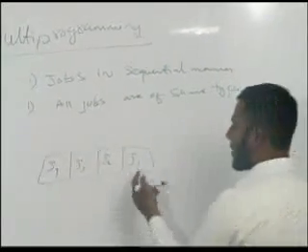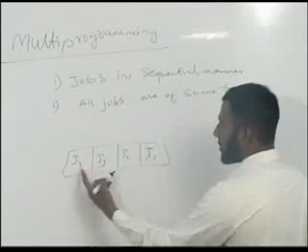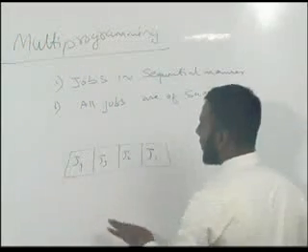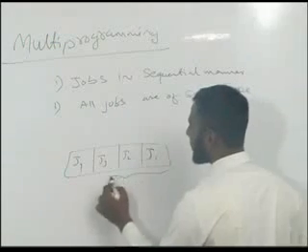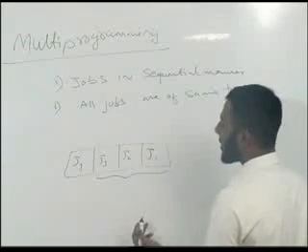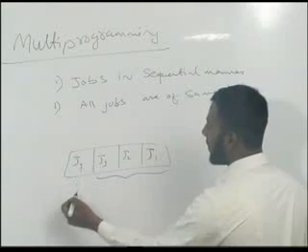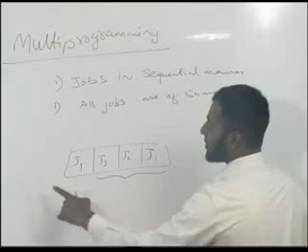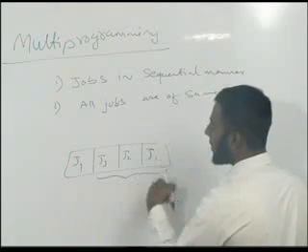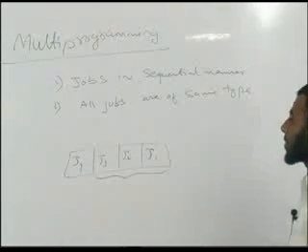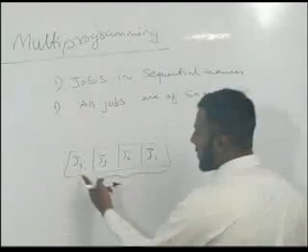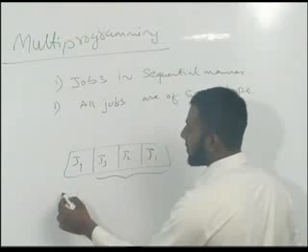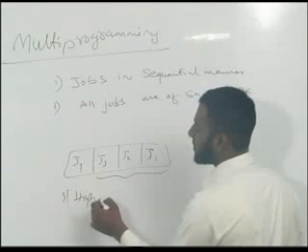Assume that while job 1 is executing, job 4 is urgent. Then it doesn't get control until all these jobs are completed. If in a queue I start numbering from 1, 2, 3, 4, and the nth job is urgent, it can gain the focus of the CPU only after n-1 jobs have already been completed. That is a problem, and because of this all these jobs suffer from high response time.